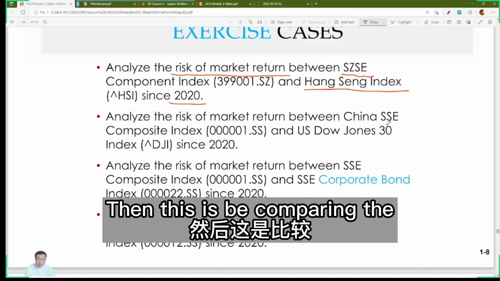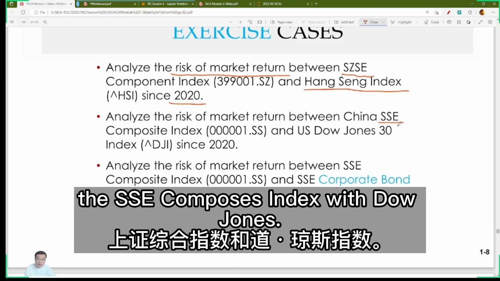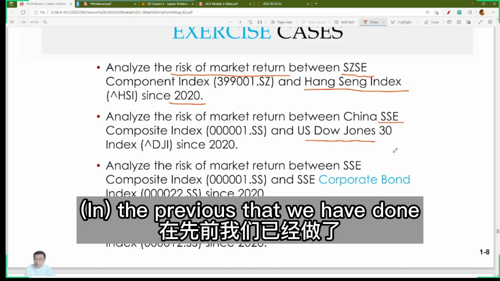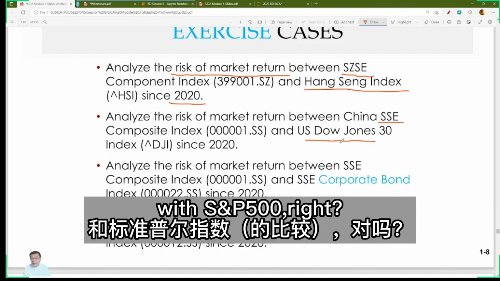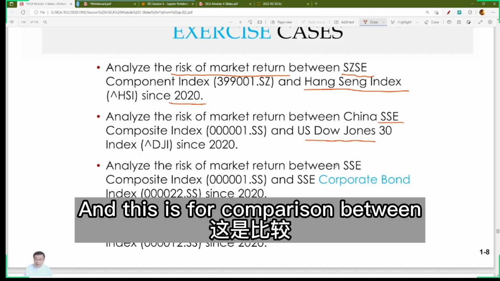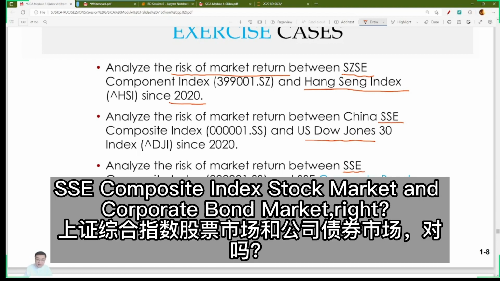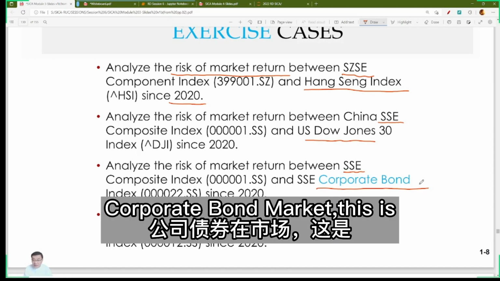Then this is comparing the SSE Composite Index with Dow Jones. Previously, we have done it with Standard & Poor's 500, right? And this is for comparison between SSE Composite Index, stock market, and corporate bond market.